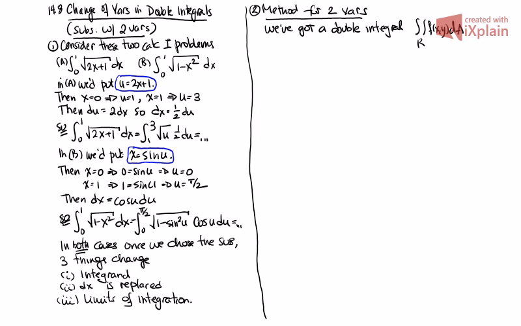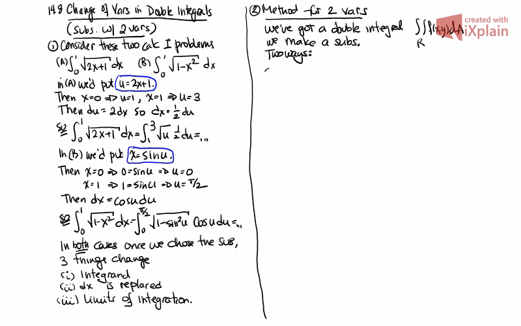So we make a substitution. Now this can be done one of two ways. Just like on the left, we could have a u equals, or we could have an x equals. So here we have two variables, so it's a little bit more mixed up, but the idea is the same. There are two possibilities, and which one we choose will become evident as we go through the examples.